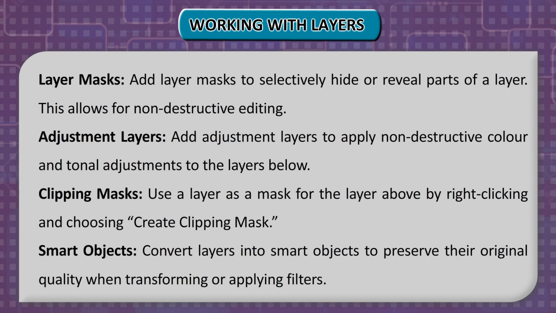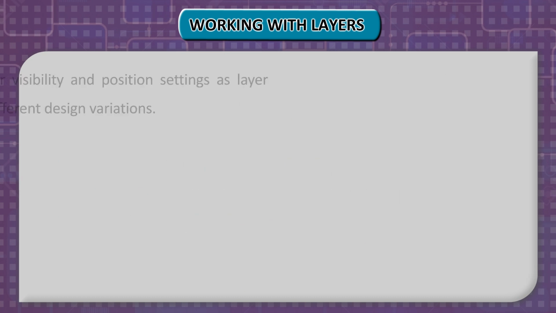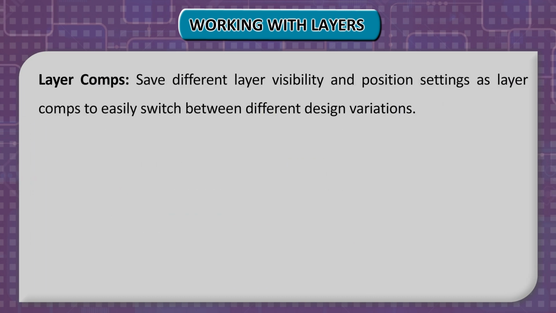Use a layer as a mask for the layer above by right-clicking and choosing Create Clipping Mask. Smart objects. Convert layers into smart objects to preserve their original quality when transforming or applying filters. Layer combs. Save different layer visibility and position settings as layer combs to easily switch between different design variations.